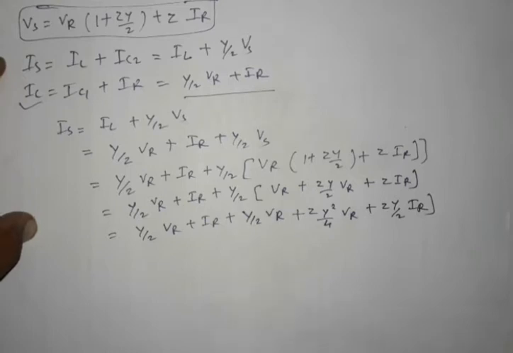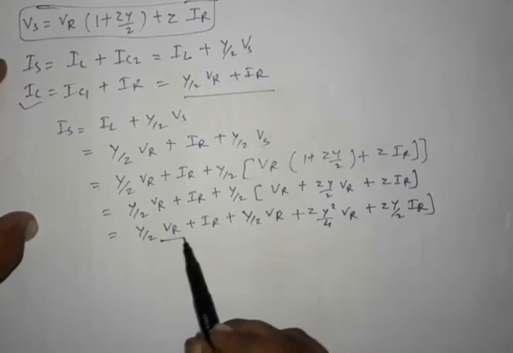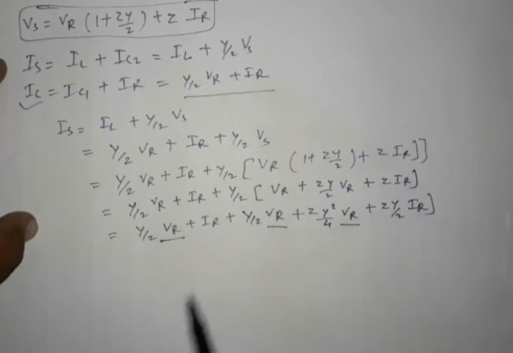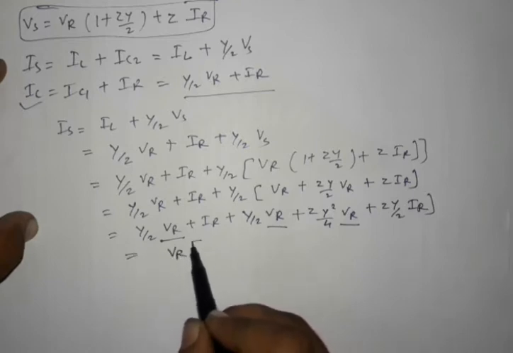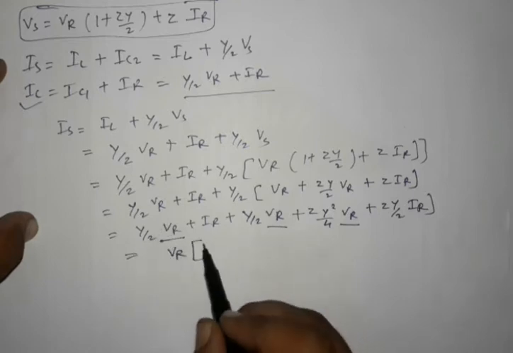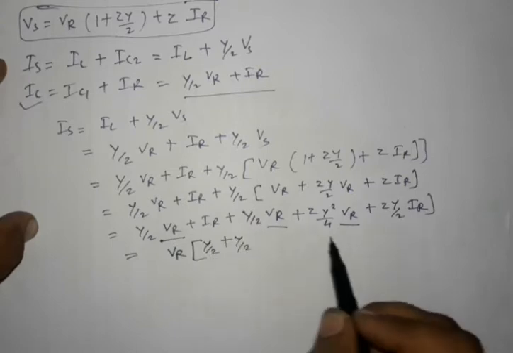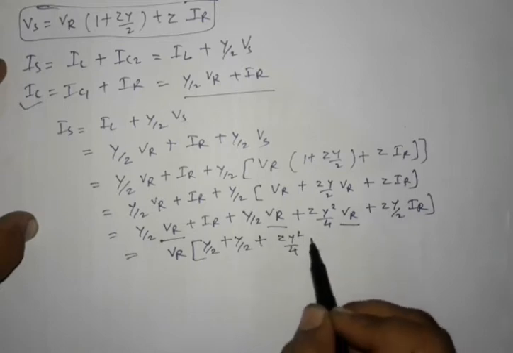Now here we see that the receiving end voltage and receiving end current are there. We take the receiving end voltage Vr common first. So here is Y by 2 plus Y by 2 plus ZY squared by 4.